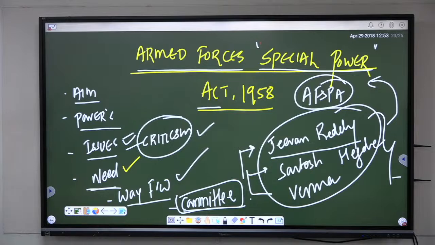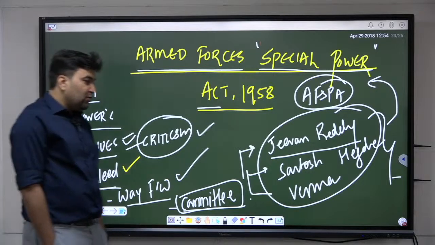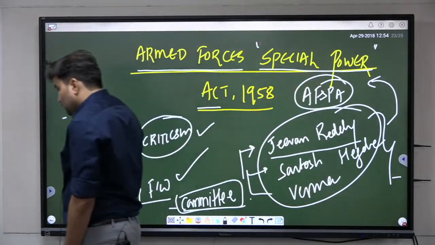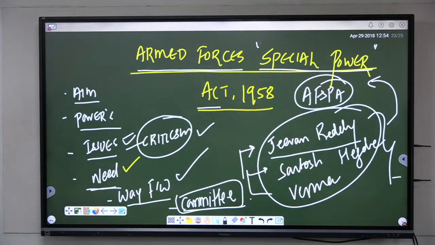Second, UAPA 1967, Unlawful Activities Prevention Act 1967, should be modified to give more powers to armed and paramilitary forces.